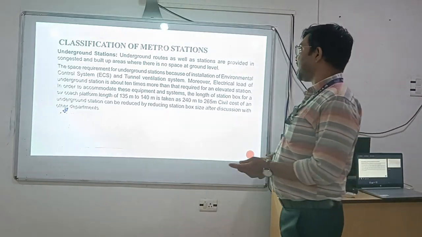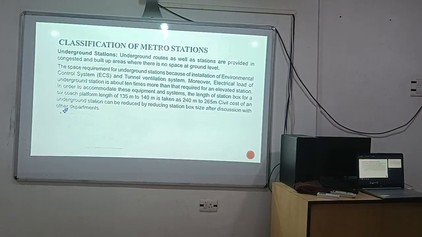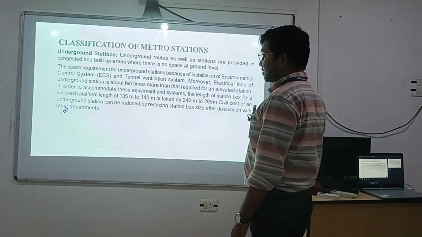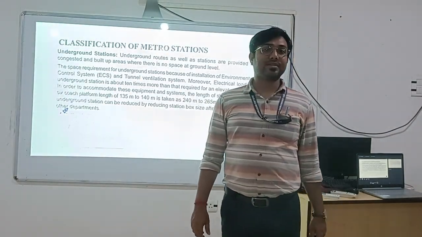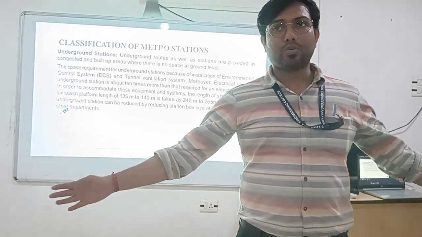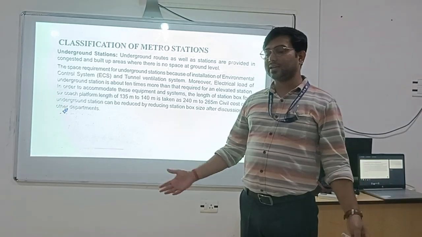underground station. The underground routes as well as the stations are provided in congested and built-up areas where space consumption is the restriction. That means throughout the ground surface there are buildings and other constructions already there.